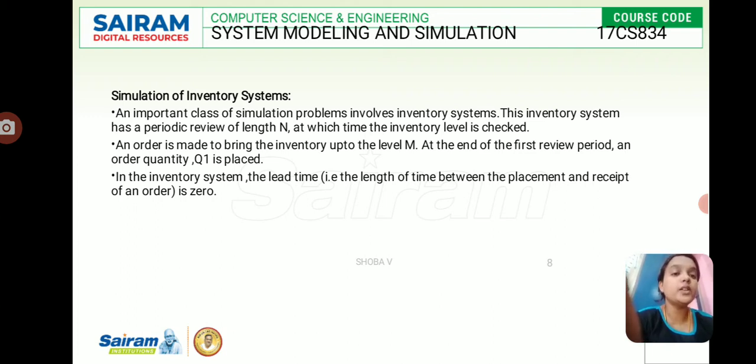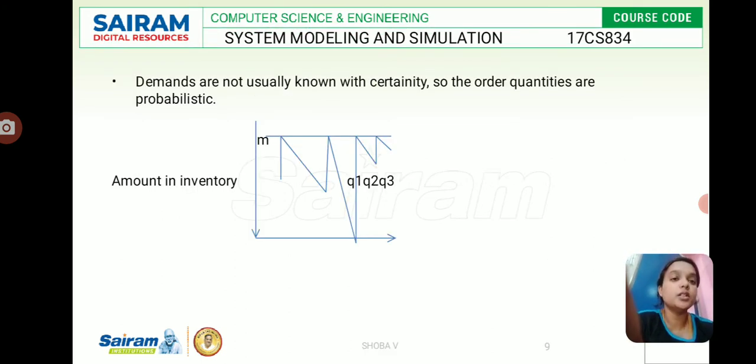In the inventory system, the lead time is the length of time between the placement and receipt of an order. This should be 0. So this is the lead time we can calculate in the inventory system. Demands are not usually known with certainty, so the order quantities are probabilistic. Here we can see Q1, Q2 and Q3.